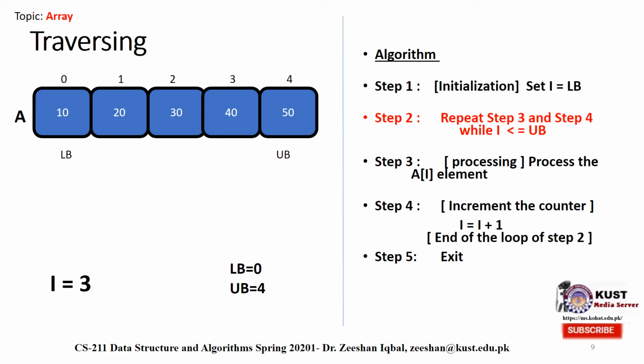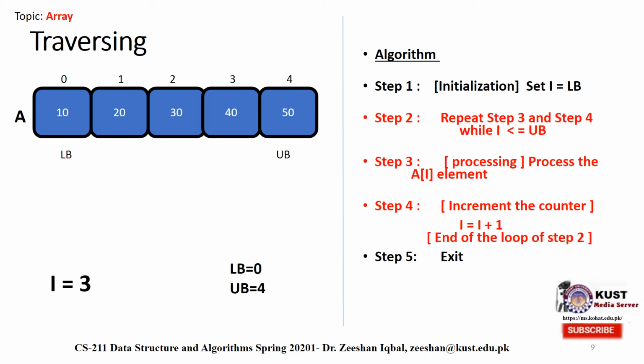In that case, we repeat steps 3 and 4 again. In step 3, we process the element at the ith position, which is 3. So we process A of 3, that is 40. After processing, we move to step 4 by incrementing the value of I by 1 again. So the new value of I will be 4.